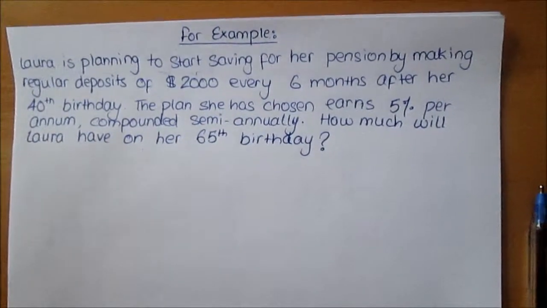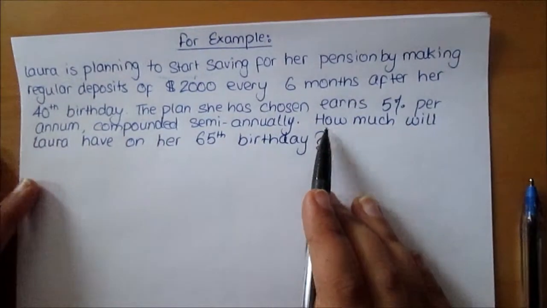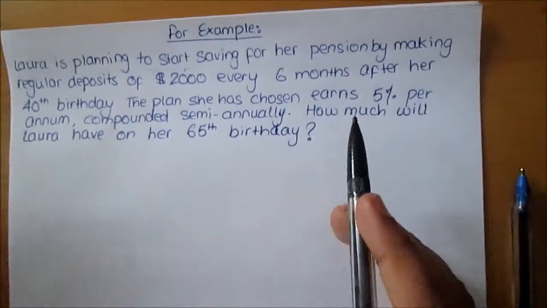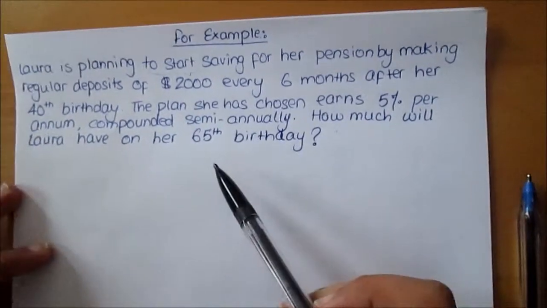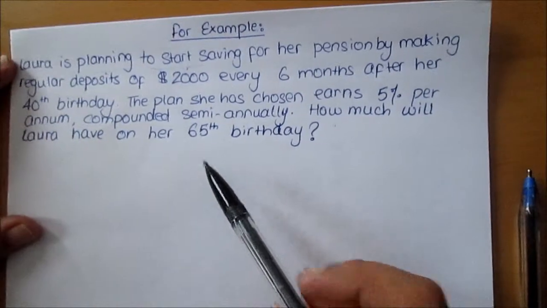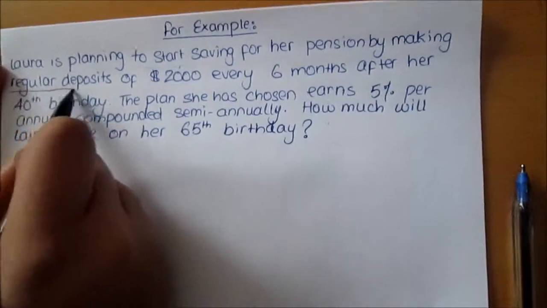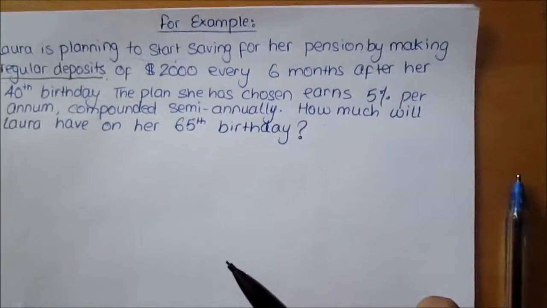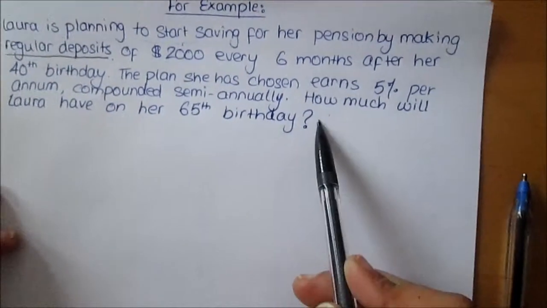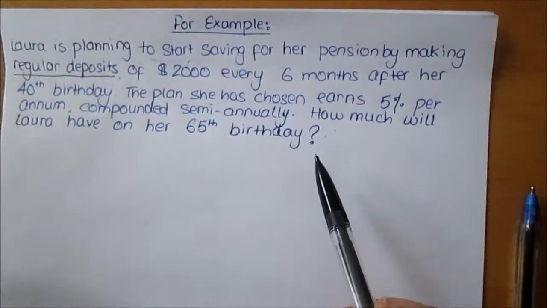So an important thing to look for in the question is whether it's compound interest, simple interest, or an annuity. An easy way to figure this out in this question is that it says regular deposits. It makes it really simple for us to know that it is an annuity. And now you have to figure out whether it's future or present.